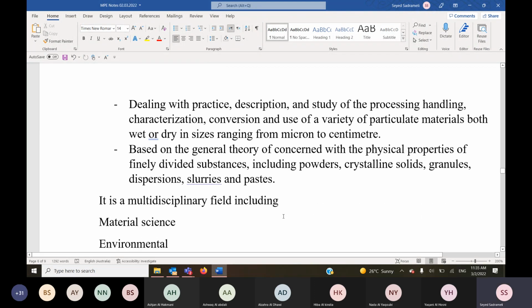So we can say this type of separation deals with the practice, description, and study of the process handling, characterization, conversion, and use of a variety of particulate materials, both wet and dry, in sizes ranging from microns to centimeters.